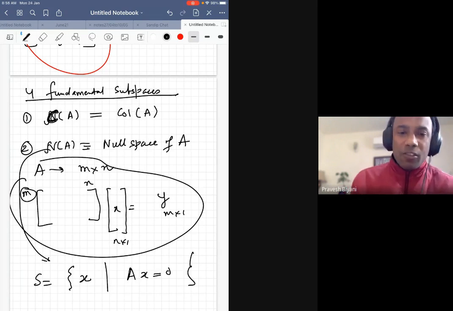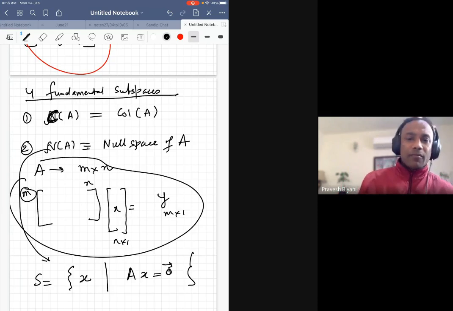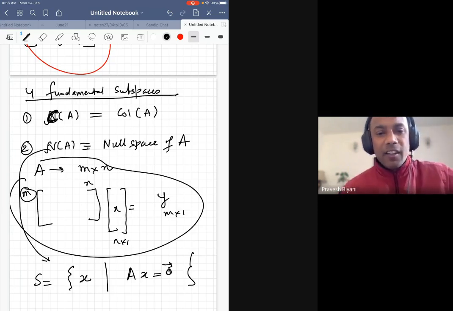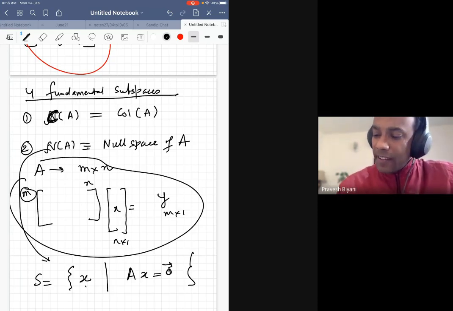So the column space of A is the set of linear combinations of the columns of A. The null space of A consists of those vectors that, when you linearly combine them with the columns of A, give a 0 vector, a null vector. So what is the dimension of X in this case?